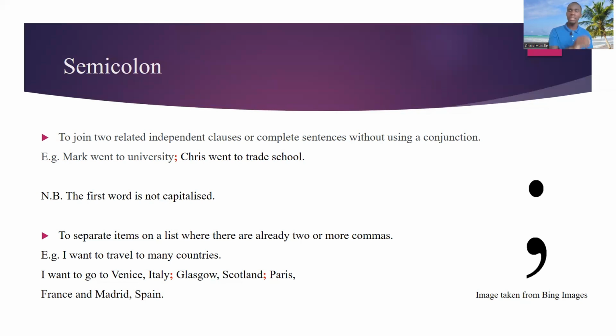So the list already has commas, so there is some level of separation, but the commas do not do enough. We need the semicolons to help separate the items on the list. So those are the two uses of a semicolon. As you see, they're completely different from the colon, even though they have a similar appearance, right? But many persons confuse the two.